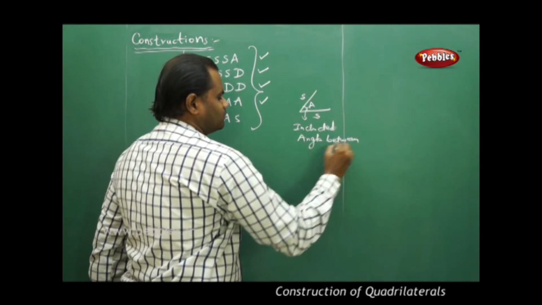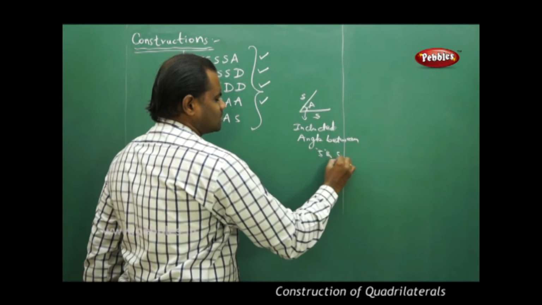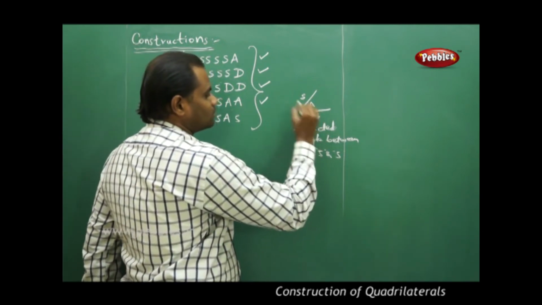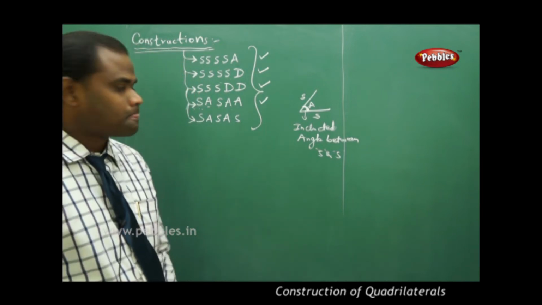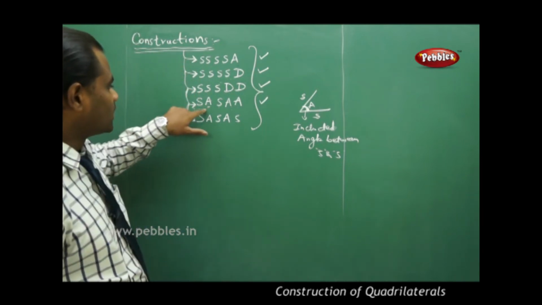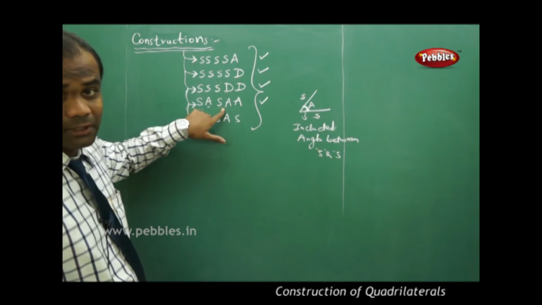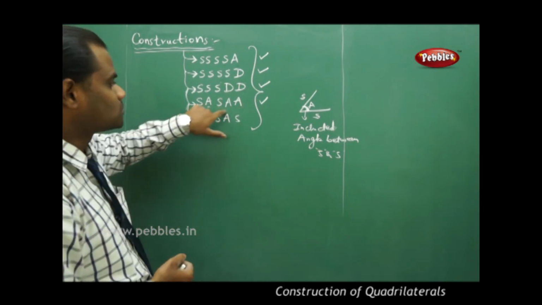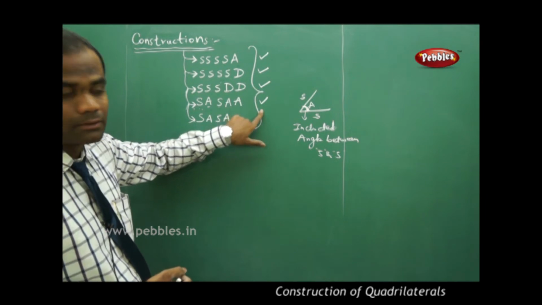Angle between S and S. So the angle here is called an included angle. So if I have one included angle between the sides, the 2 sides which are given, and the other 2 angles irrespective of the inclusion, then also a quadrilateral can be constructed.